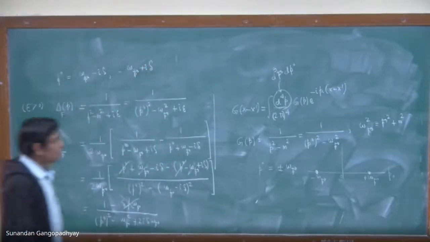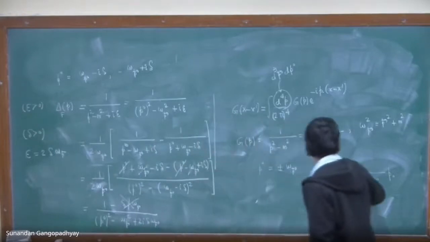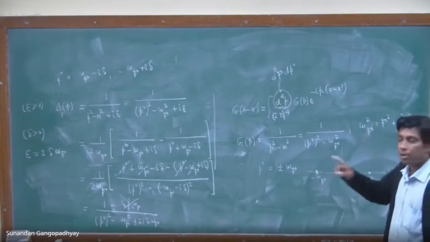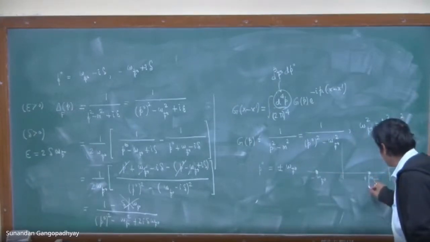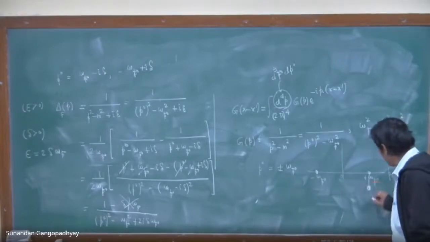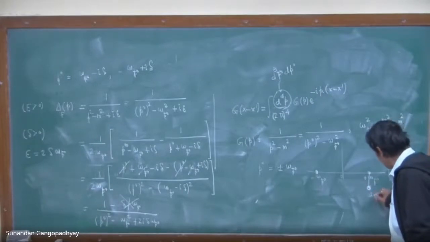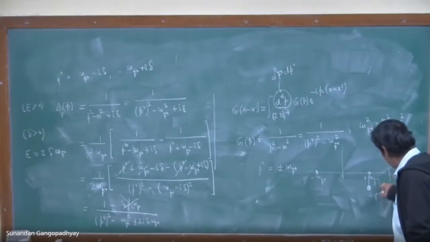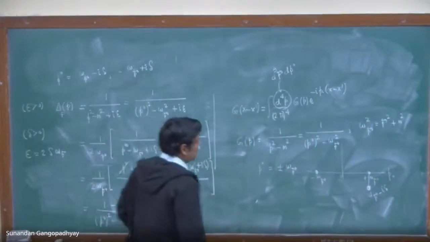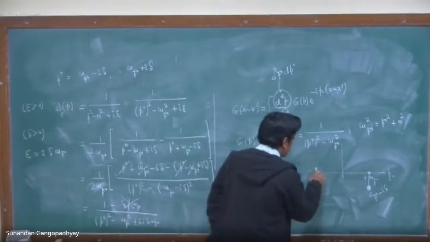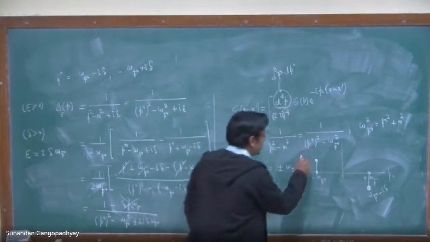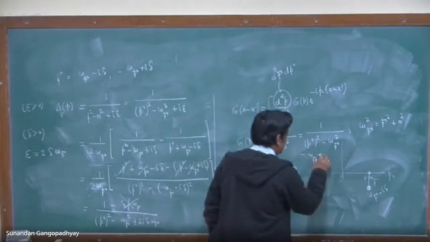So what we have basically done is this pole that we have, which is at omega p on the real line, by the Feynman epsilon prescription, we have shifted this pole downstairs in the lower half of the complex plane, and the pole is now over here. And this pole is omega p minus i delta, where delta is this distance. And this pole is minus omega p plus i delta. Delta is positive, remember. So the pole shifts in the upper half of the complex plane, and this pole is now at omega p plus i delta.